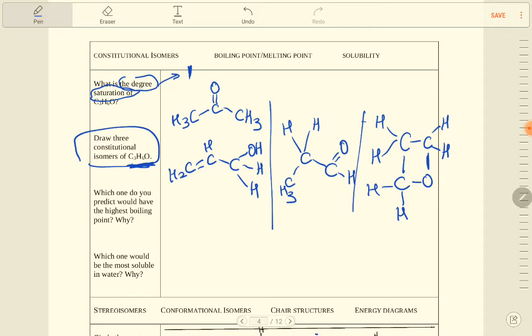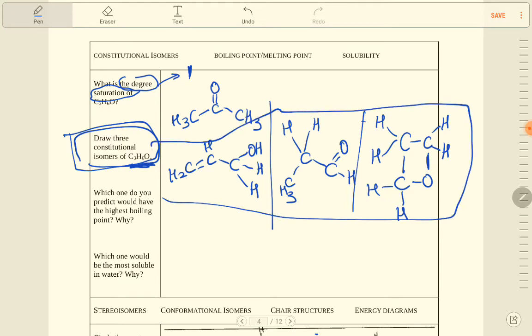So there are 3 constitutional isomers for this compound. These are 3 total.